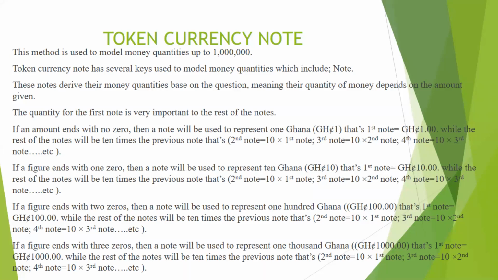If an amount ends with 3 zeros, then a note will be used to represent 1,000 Ghana cedis because of the last 3 zeros. That is why we are using 1,000 Ghana cedis as our minimum currency note to start modeling the numbers given.